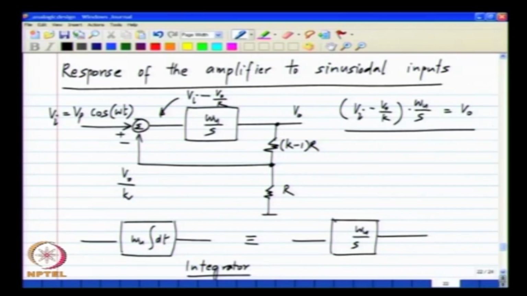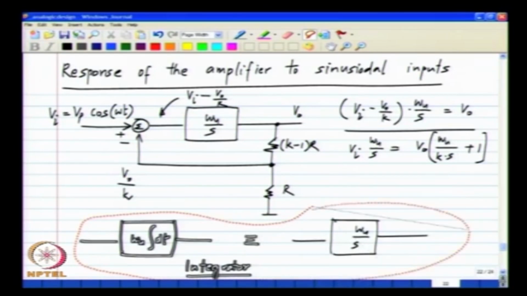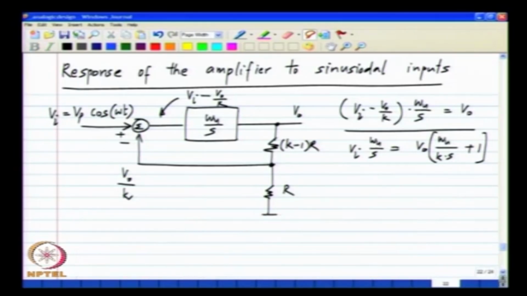Okay. So, this can be rewritten as the transfer function V naught by Vi is given by omega u by s divided by omega u by k times s plus 1.